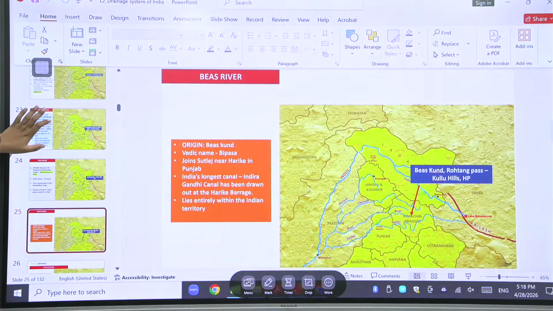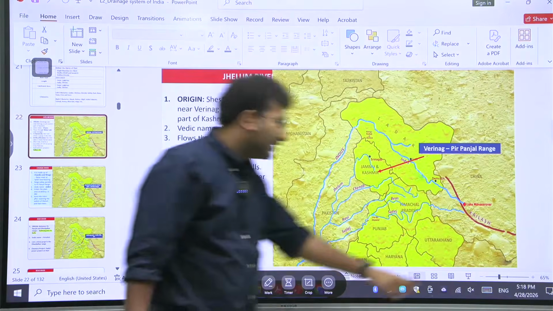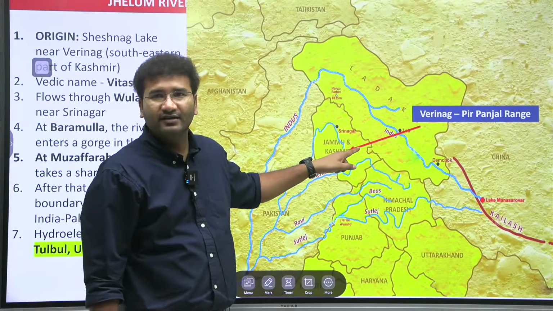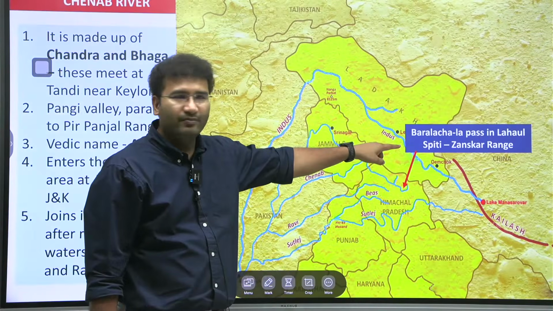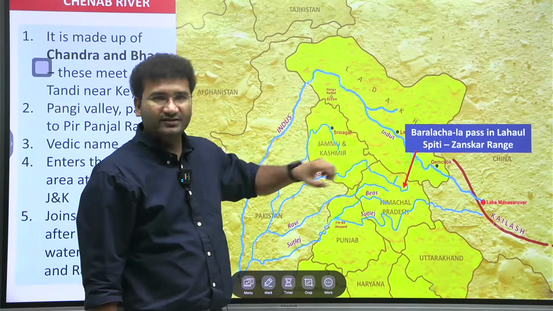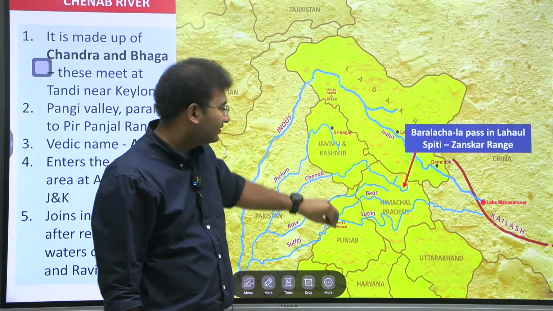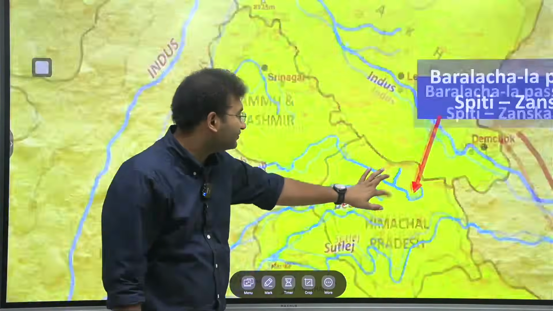See, first one by one, everything is given in your handout, just that you need to mug up. Jhelum River originates at Verinag. Verinag is a spring in Kashmir itself. Now, Baralacha La in Spiti Valley, if you remember, I told you, it is a lake. Chandra, sorry, it is Chenab, yes.